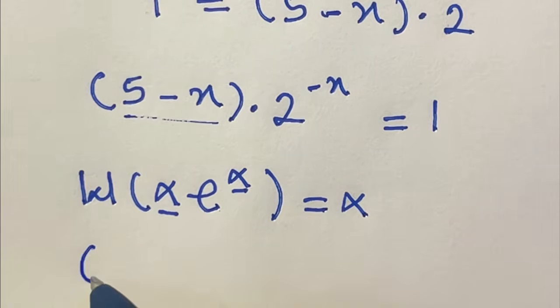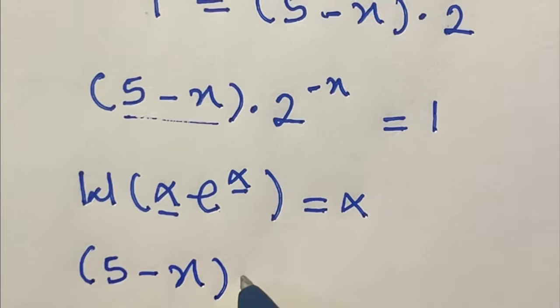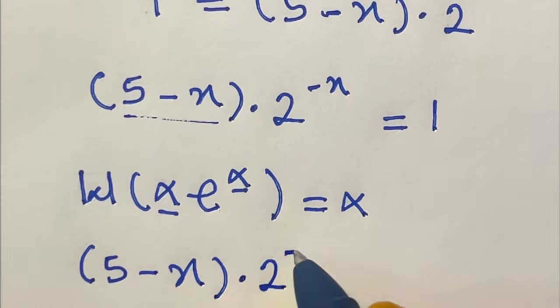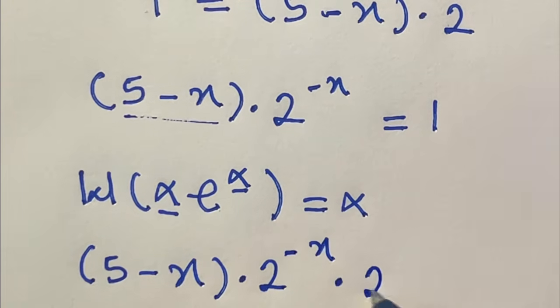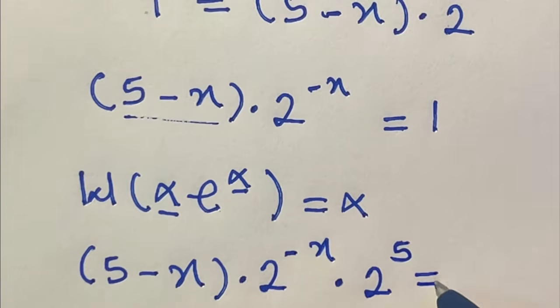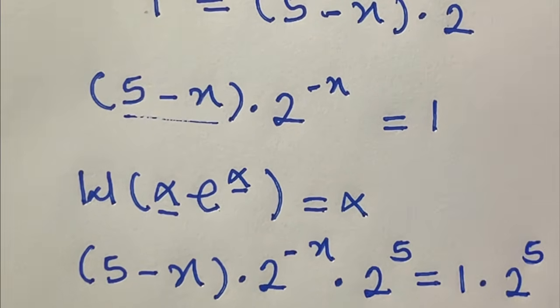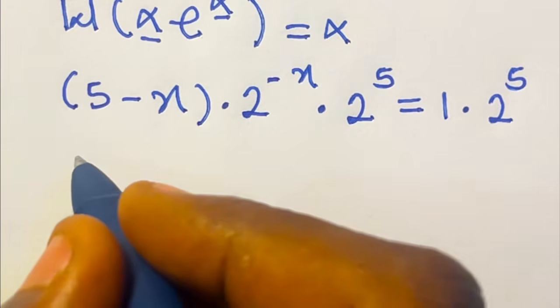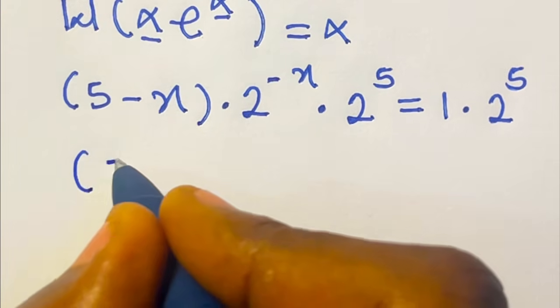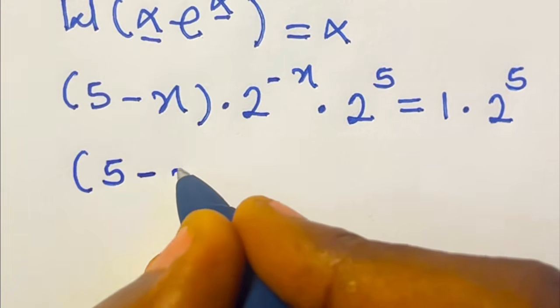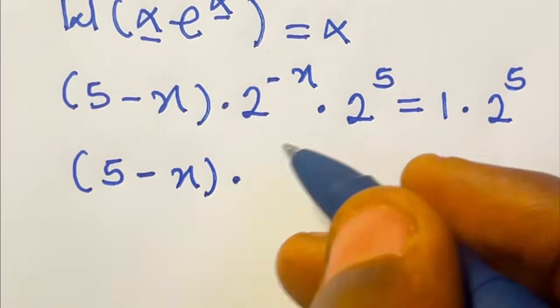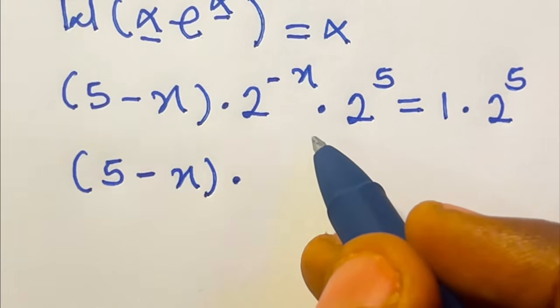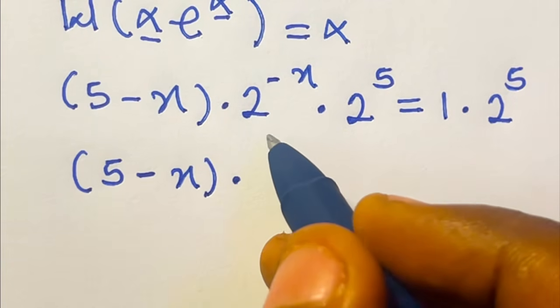So we have 5 minus x multiplied by 2 raised to power minus x, then we multiply with 2 raised to power 5 equals 1 times 2 raised to power 5. All right, so now we have 5 minus x. From the law of indices, when numbers with equal base are multiplied, their powers are added.